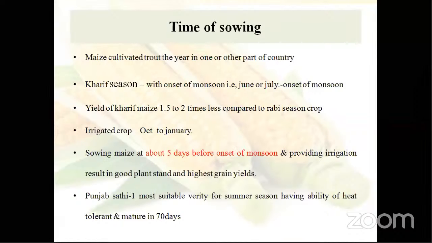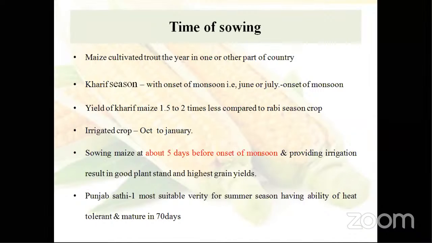If the timely monsoon comes, then we will get good yield. Otherwise, it's gone. So in Kharif season, with the onset of monsoon in June or July, sowing of the maize crop is done.